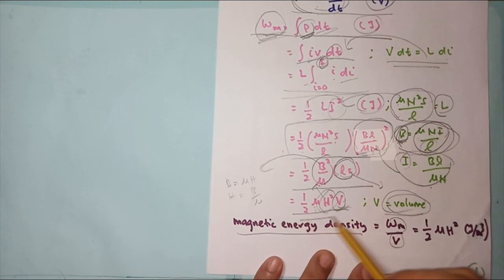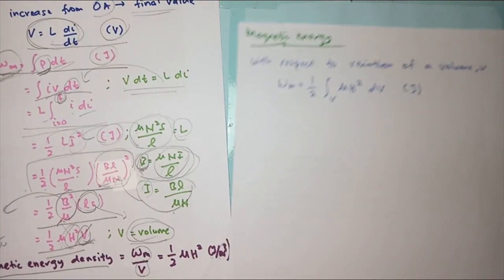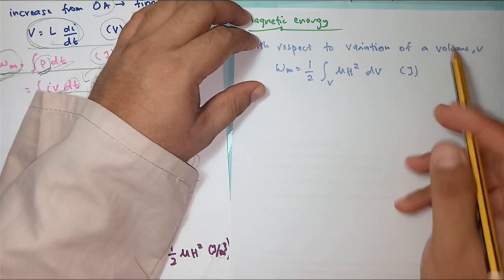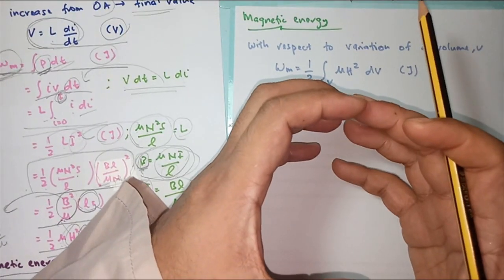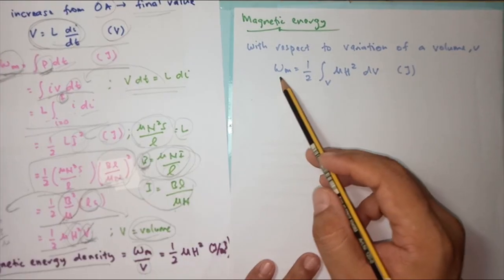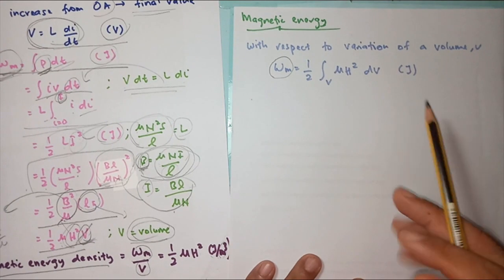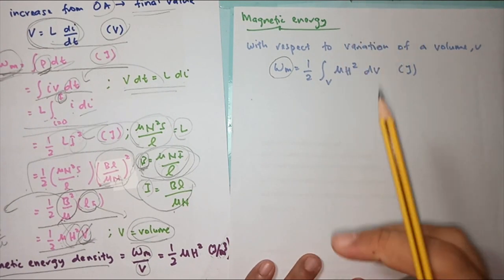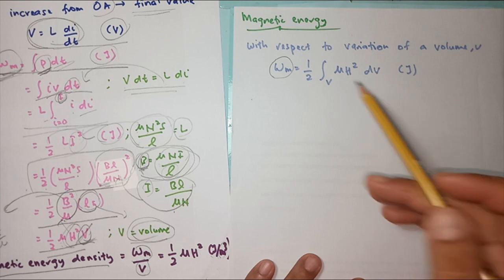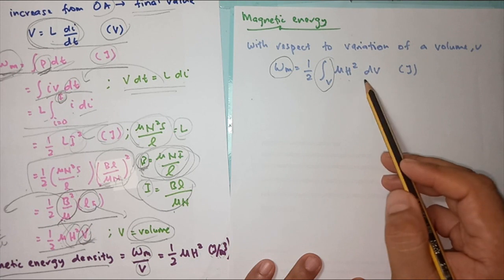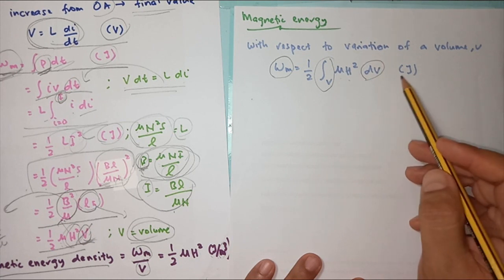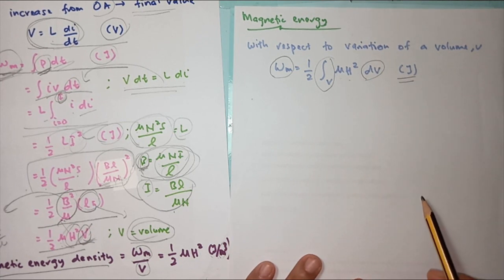Based on this expression, we just cancel out the V. With respect to the variation of the volume, if the volume of the inductor changes, we can find the total magnetic energy inside any particular inductor with a given volume as half the volume integration of mu H squared multiplied by dV, and the unit is joule.